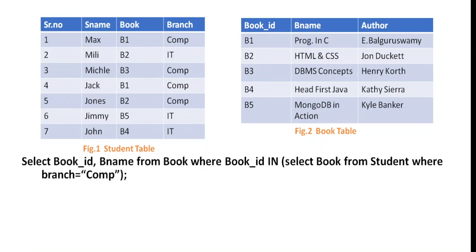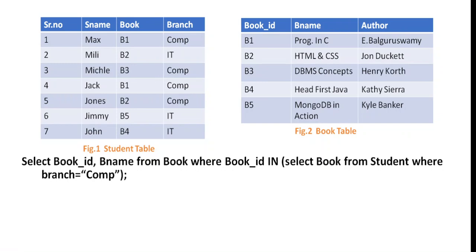I want to display book ID and book name of books which are issued by computer department students. So I can simply write the query select book ID and book name from book, because we can fetch this data from the book table only.